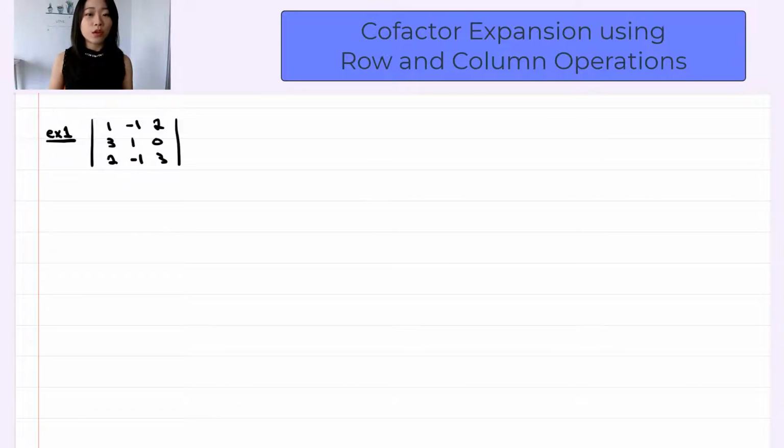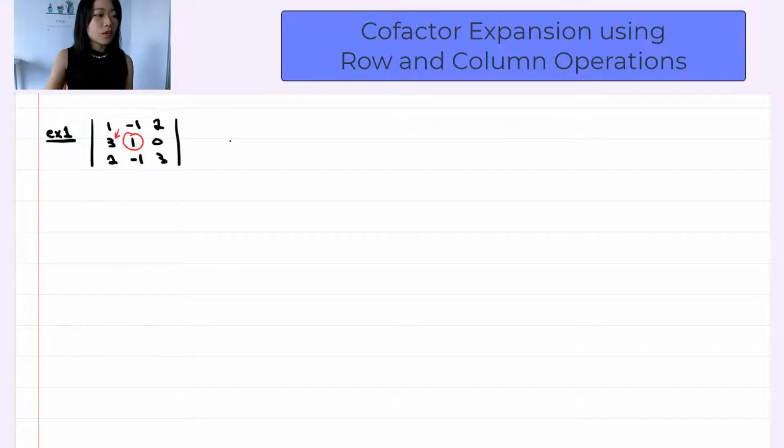So we can use row or column operations to make the other entries zero. For example, in this matrix, in the second row, I have a 0, and I also have a positive 1. So let's keep the positive 1, and let's try to make the other entries along the second row 0. So I want to eliminate this 3.